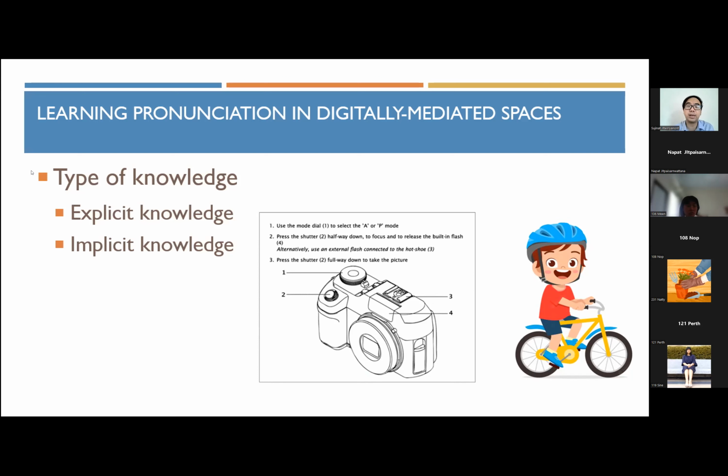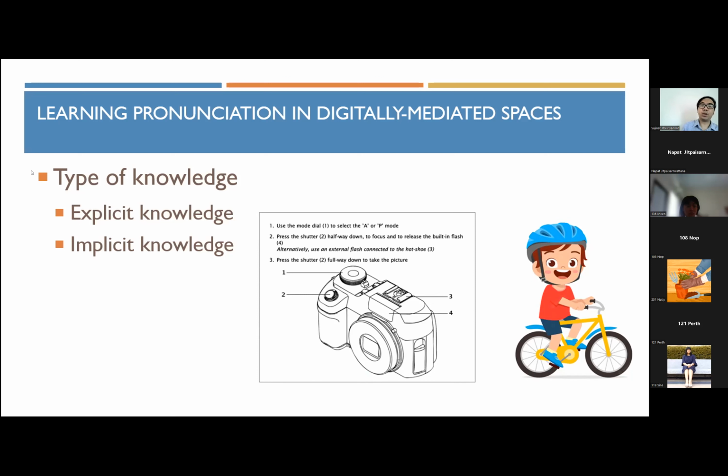This is explicit knowledge. Or when I tell you that t and d are produced with the same place of articulation, the same point in the vocal tract, that it is alveolar, right? It is explicit knowledge. It is what you are taught, informed, obviously and explicitly.